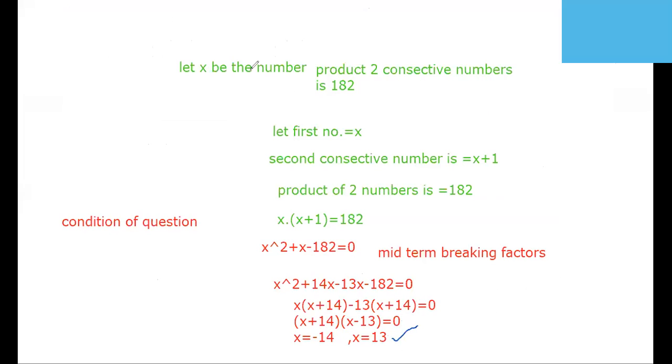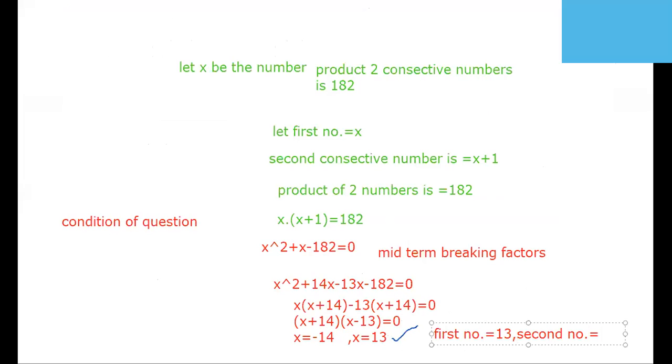So x is taken as the first number. So the first number is 13, and the next consecutive number, or the second number, as we have just written above, is x plus 1.